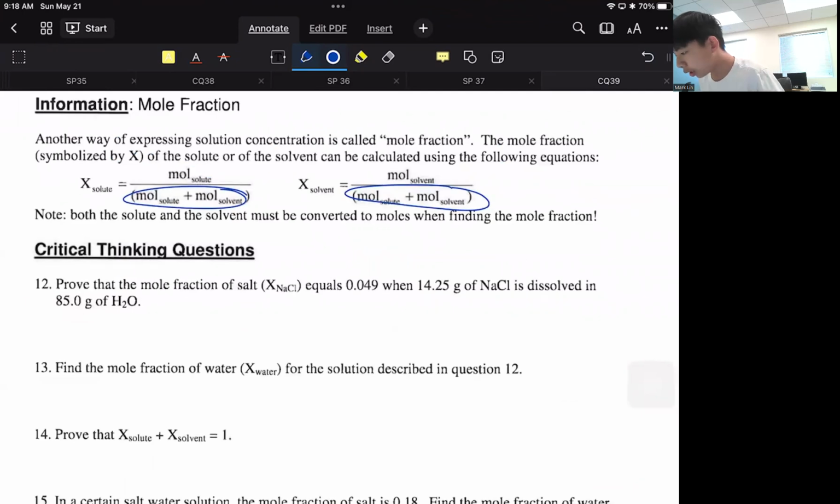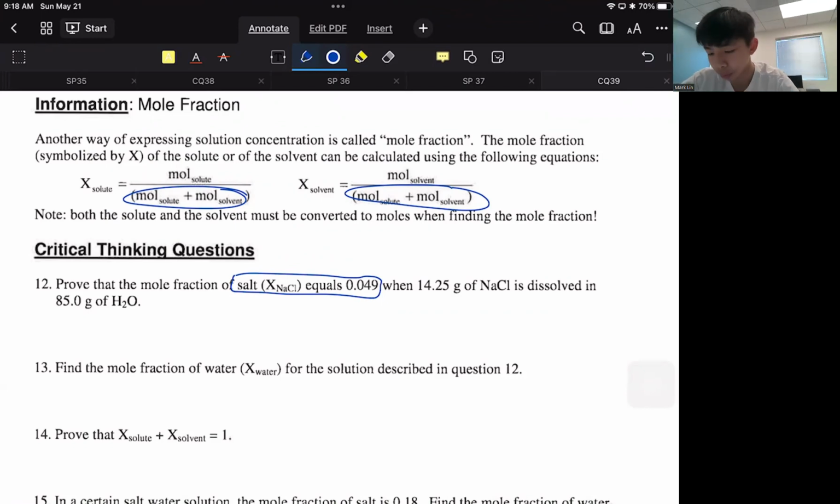12, right? The mole fraction of the salt is 0.049. So we're trying to find the mole fraction for the solute when 14.25 grams of NaCl is dissolved in 85 grams of H2O. In the formula we need to use moles, but we're given grams, so we need to convert grams to moles.